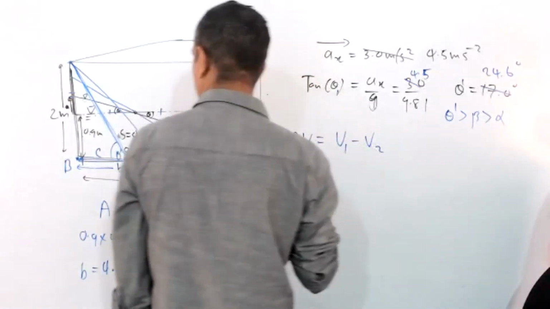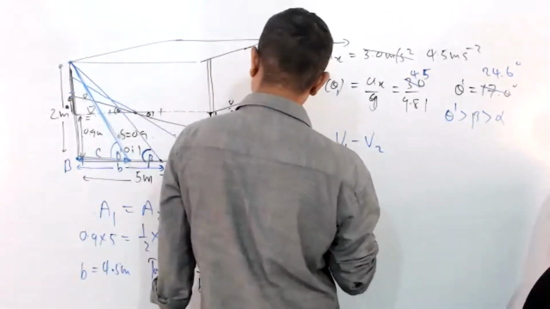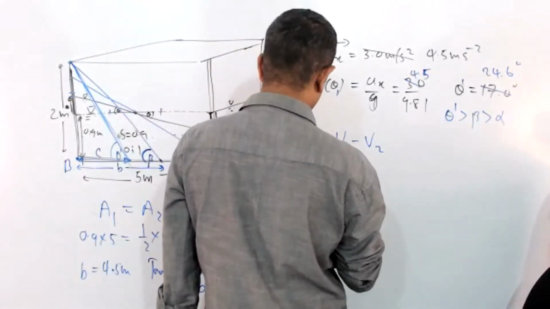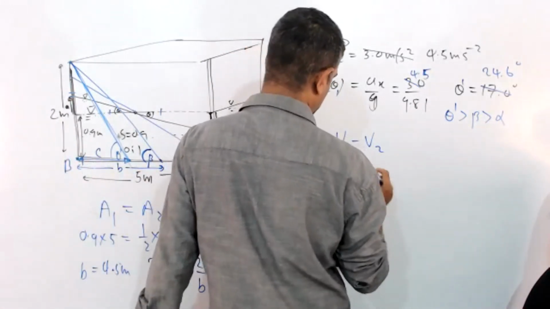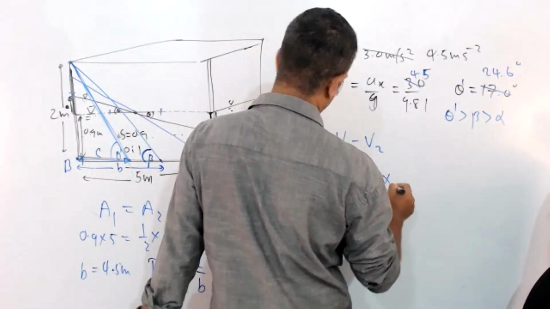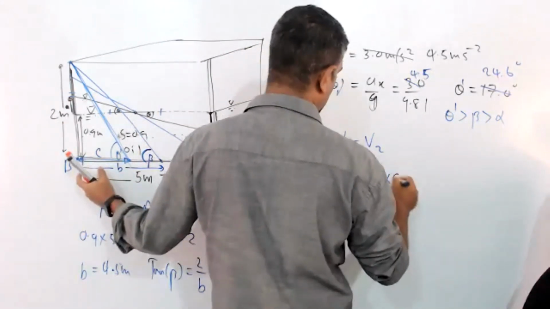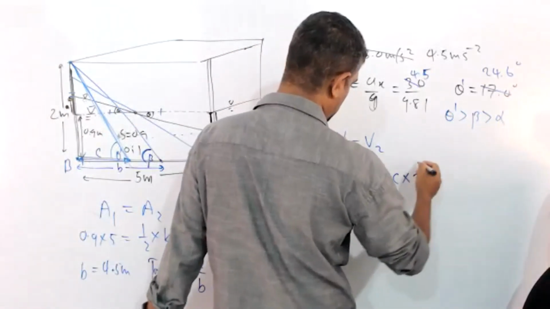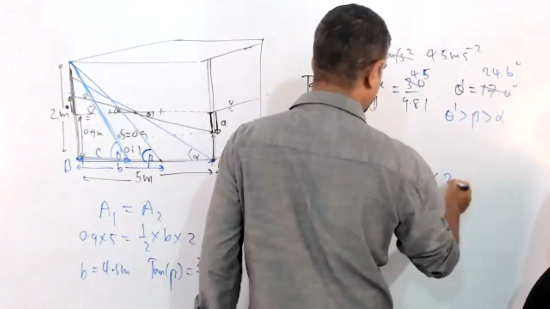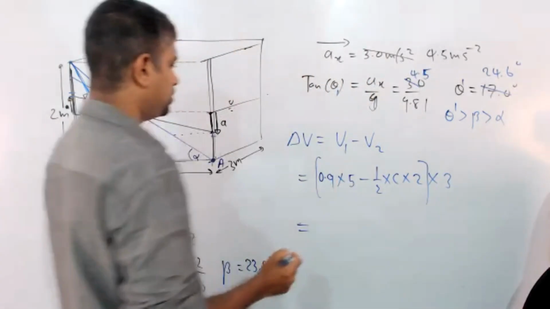Now the initial volume is 0.9 into 5. Now half into base into height, no? Half into C into 2. These are cross sections, so multiplied by 3. Then we can find the amount of spill.